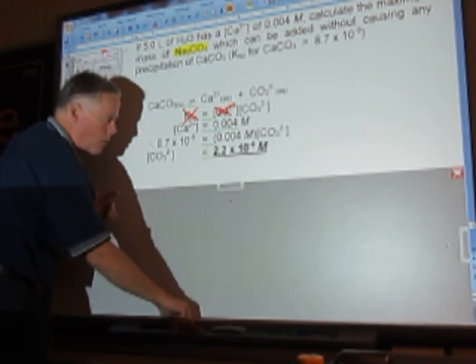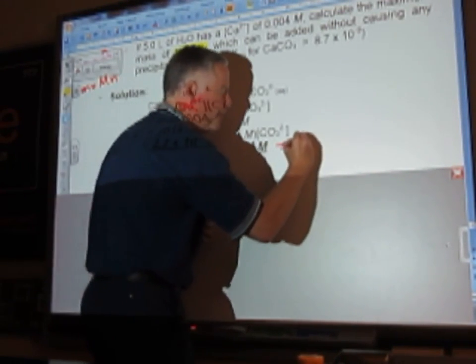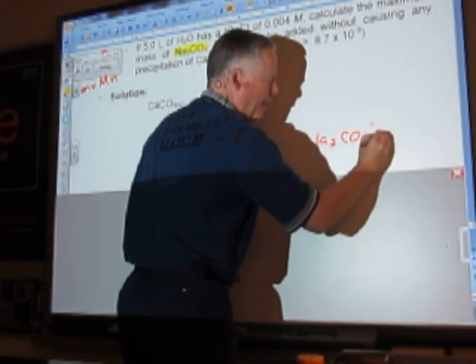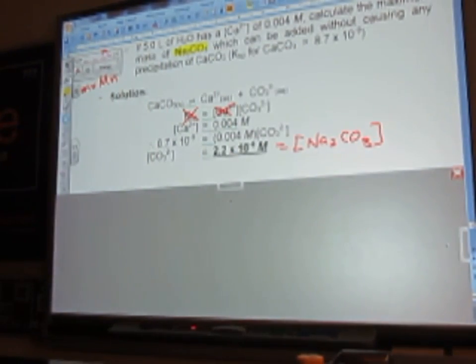So if I know that, then this is going to be right? That's the concentration of sodium carbonate I need.